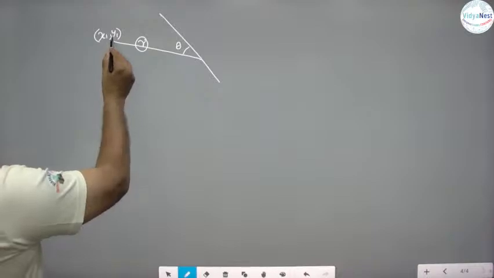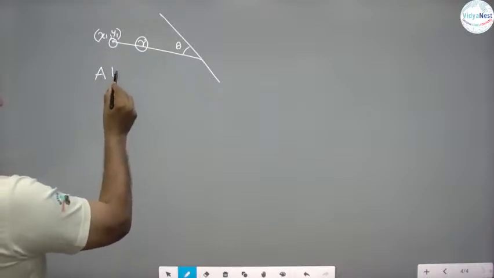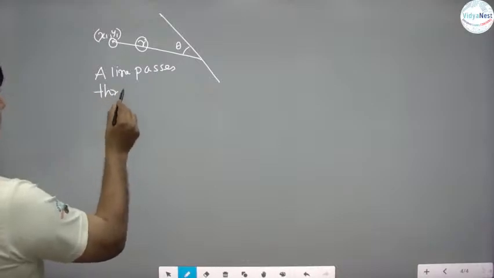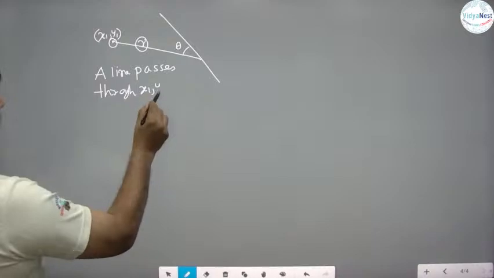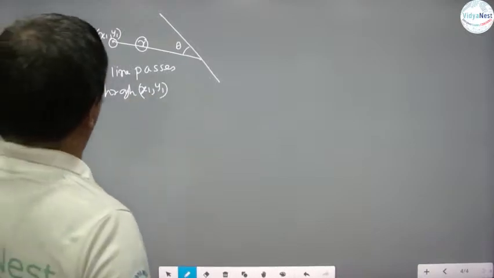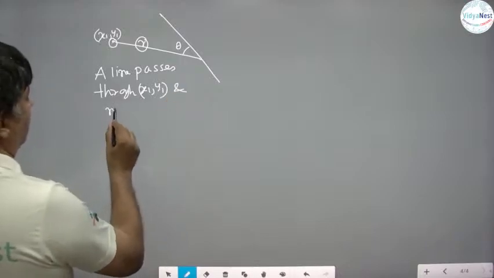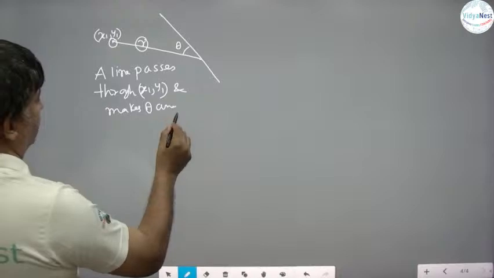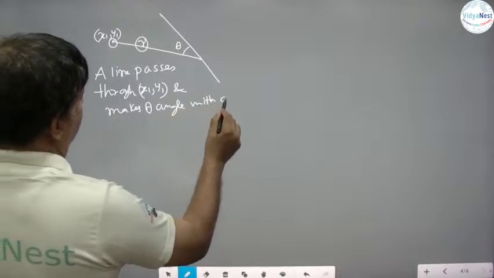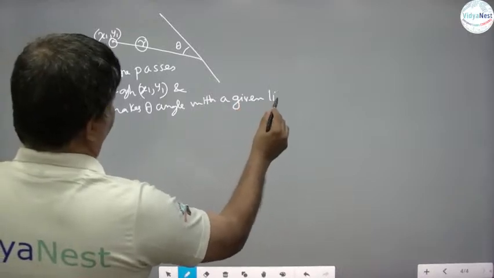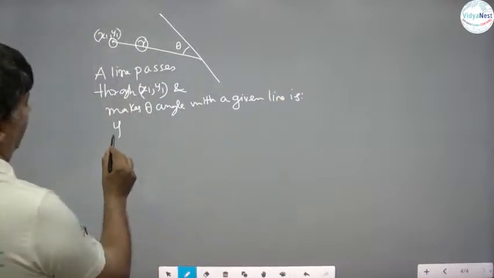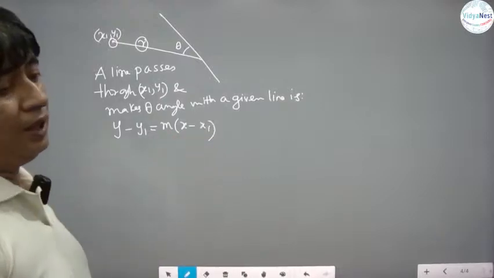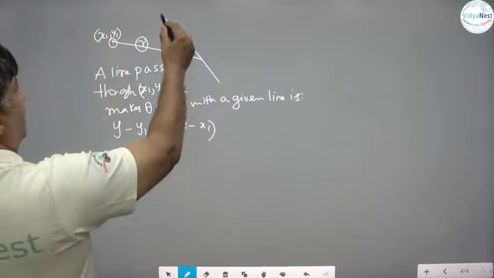So we know a line that passes through (x1, y1) and makes angle theta with a given line is y - y1 = m(x - x1), which we have already gone through, and that is the given line.